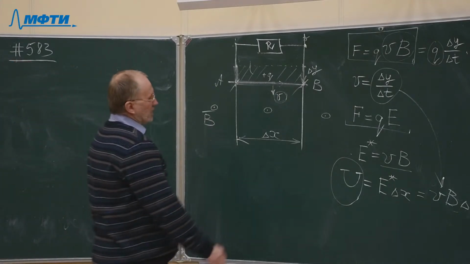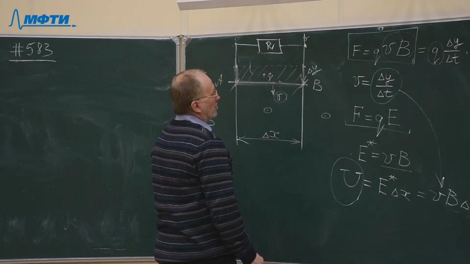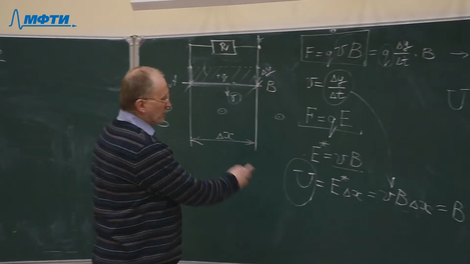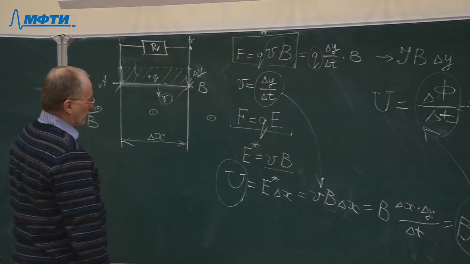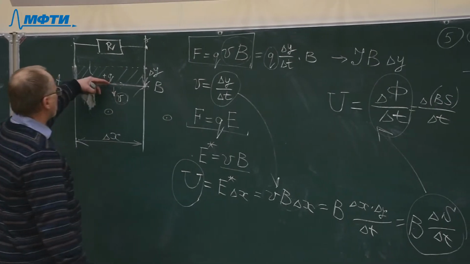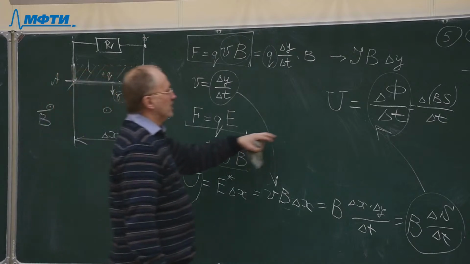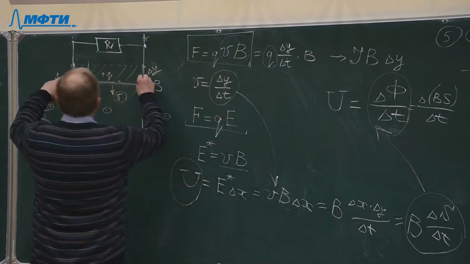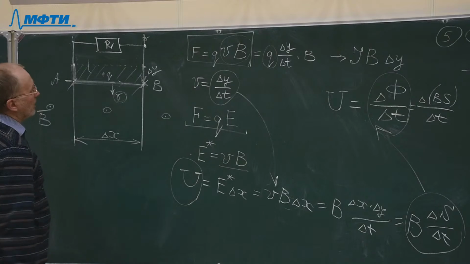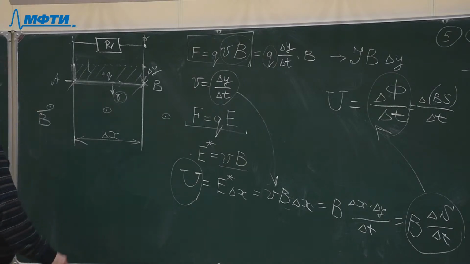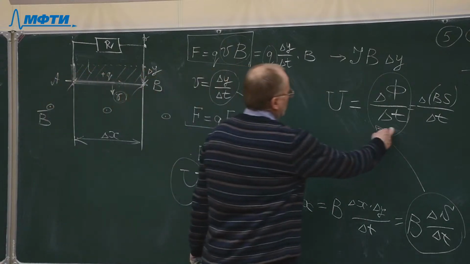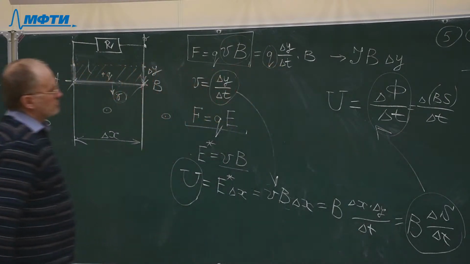So we have obtained this result that if this rod falls down, moves down with some velocity v, then there will be a potential difference generated between points A and B. The potential difference will be given by this formula of electromagnetic induction.